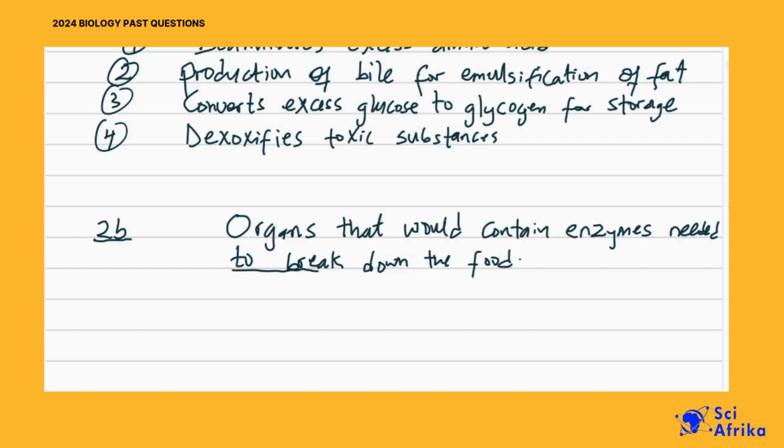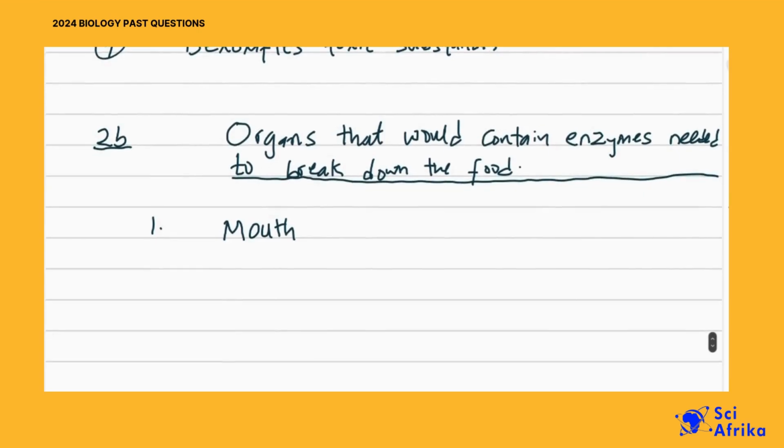Out of these organs we have listed, these are the ones that contain enzymes. Number one, the mouth. The mouth contains ptyalin, or we can call it salivary amylase.